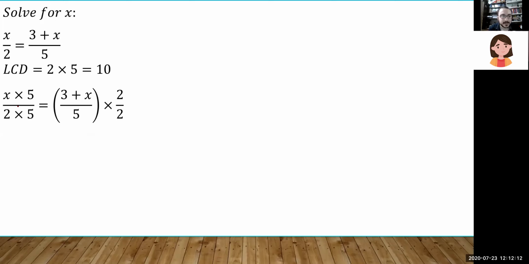So what happens here? The 10 is gone. Let's see what we'll do. So here we have 5x equals 2 bracket 3 plus x.